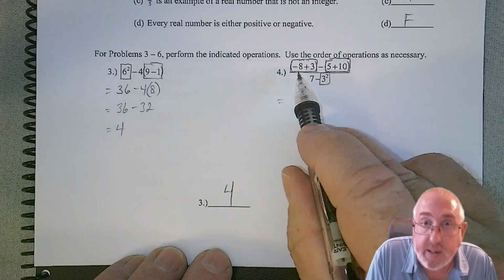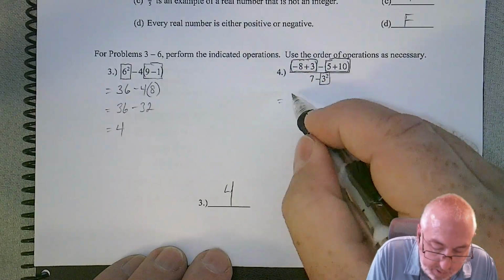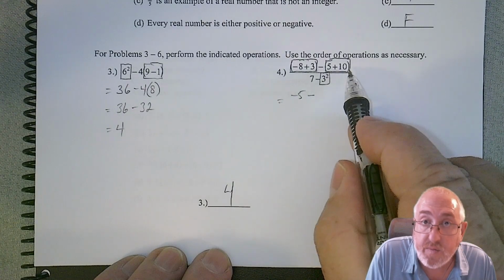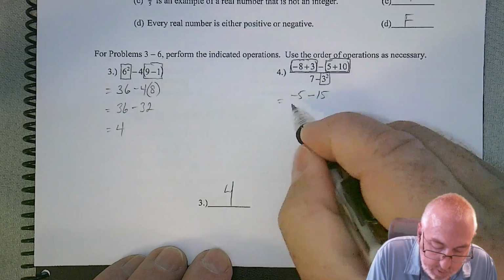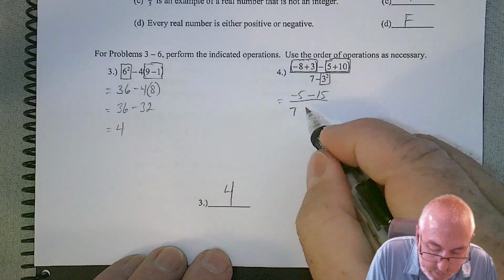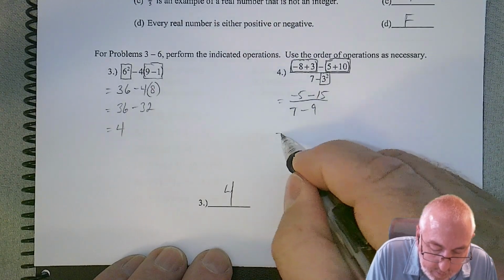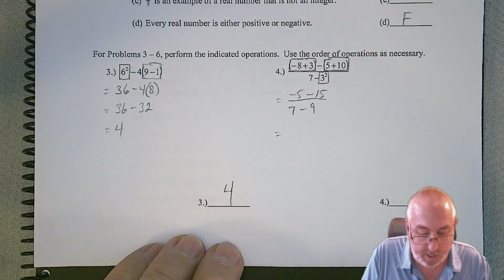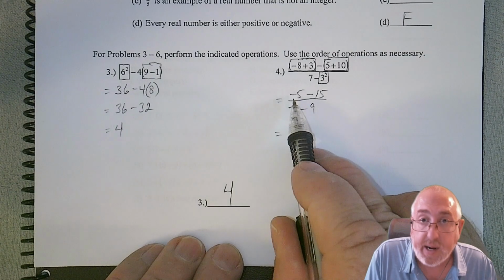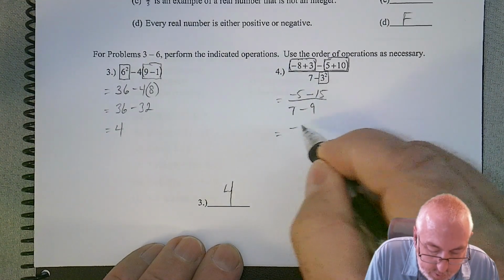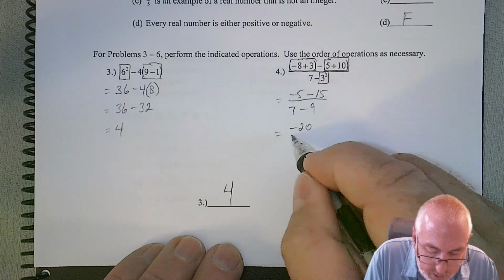So negative 8 plus 3 better be a negative 5, minus 5 plus 10 is 15, all over 7 minus 9. All right, so far so good. A couple of subtractions and we're done. Negative 5 minus 15, so you're going further into the deficit. So that's going to have to put us at negative 20.